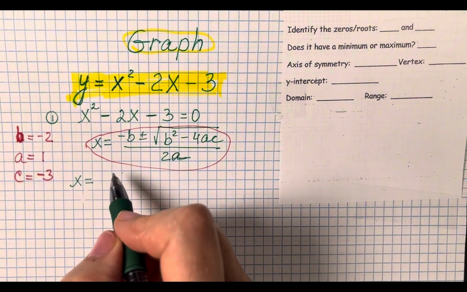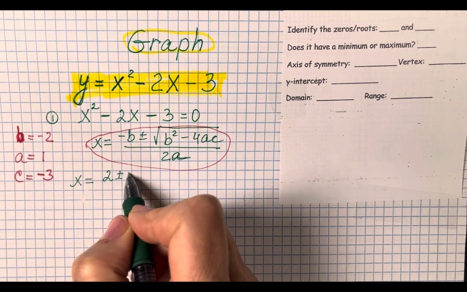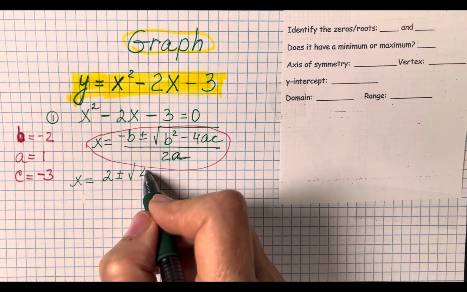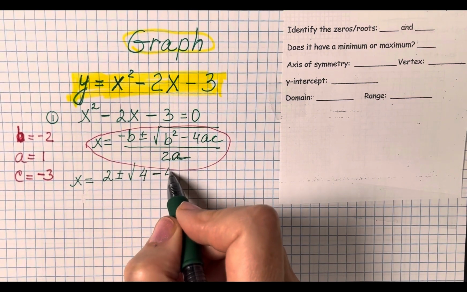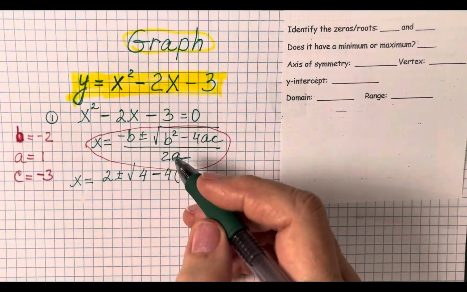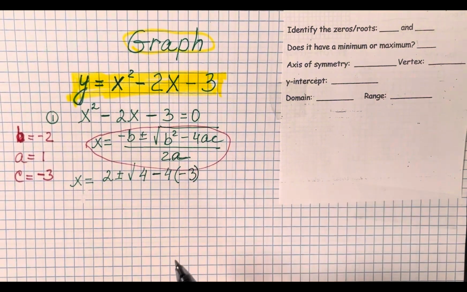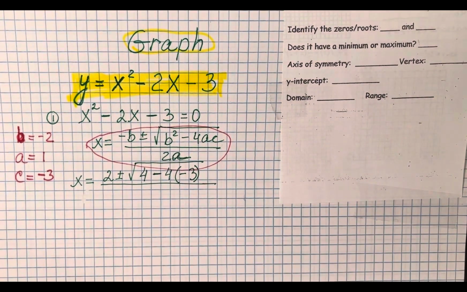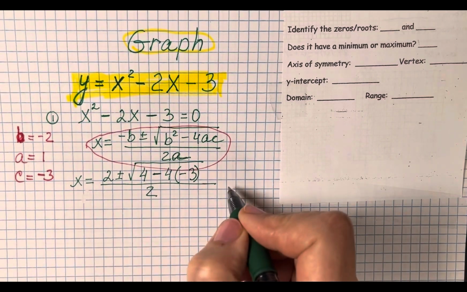So negative b gives us 2 plus minus the square root of b squared, 2 squared, 4, and then minus 4 times a, which is 1, I will not even write it, and times -3, under the square root, over 2a, 2 times 1, so 2. So I will continue.